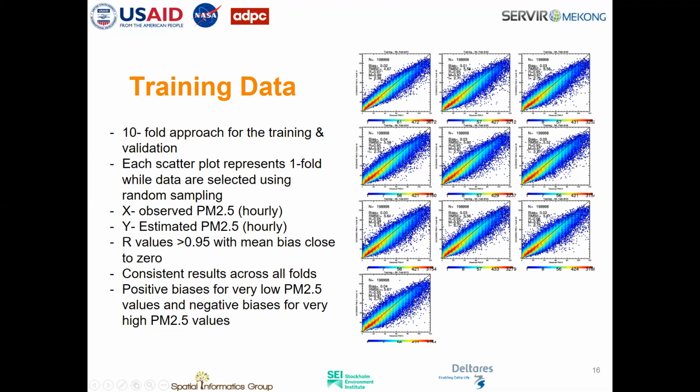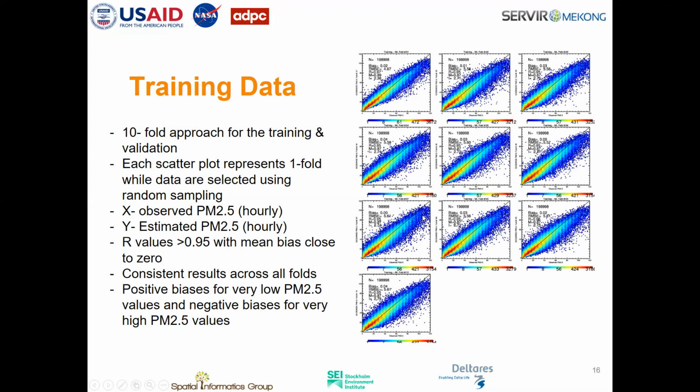And what about very high PM2.5? We give a negative bias for very high PM2.5. Our model always undershoots the PM2.5 value.